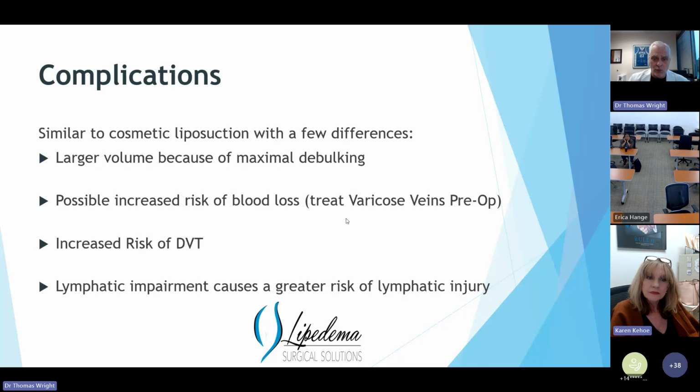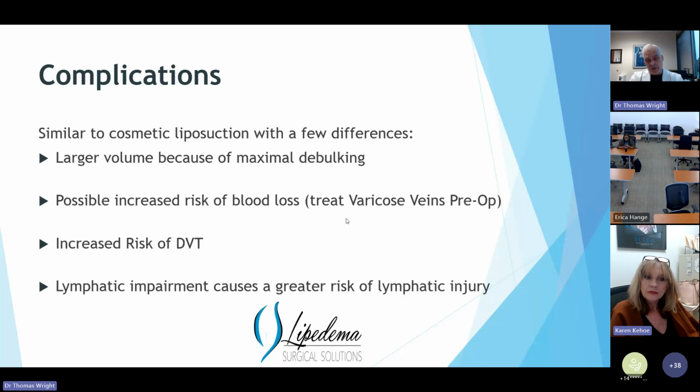And so we do recommend treating varicose veins prior to any large volume surgery. Women with lipedema, and lipedema and lymphedema both, have an increased risk of DVT.